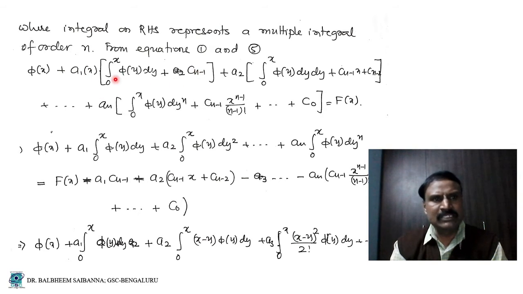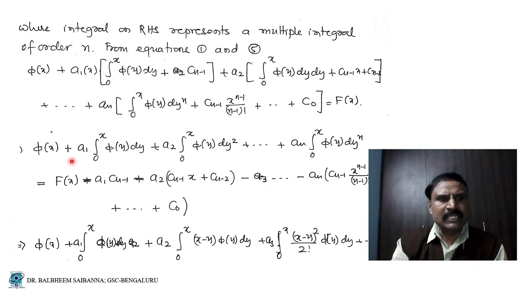You take it to the right hand side, you will get minus a1 times c_{n-1}. a2 and these two terms take to the right hand side: minus a2 times c_{n-1} x plus c_{n-2}. Then minus a3 and so on, minus an times c_{n-1} x to the power of n minus 1 over n minus 1 factorial plus and so on c0.